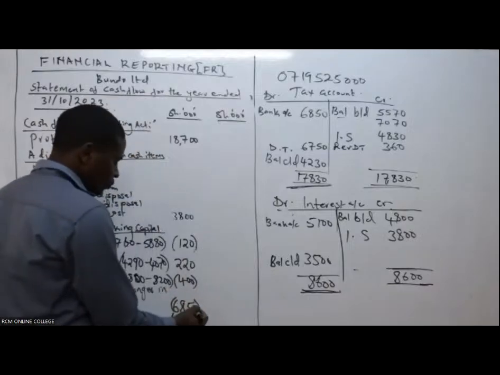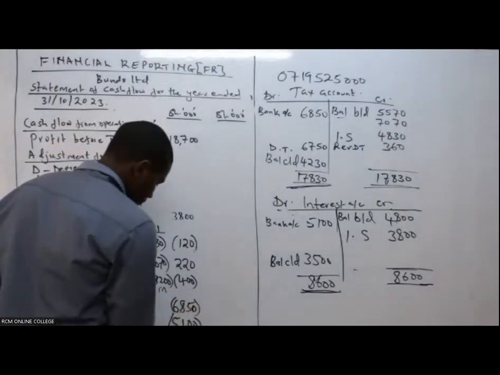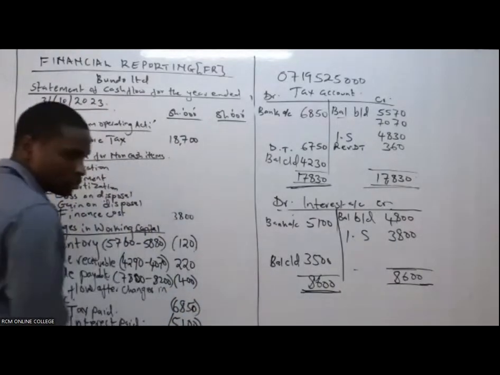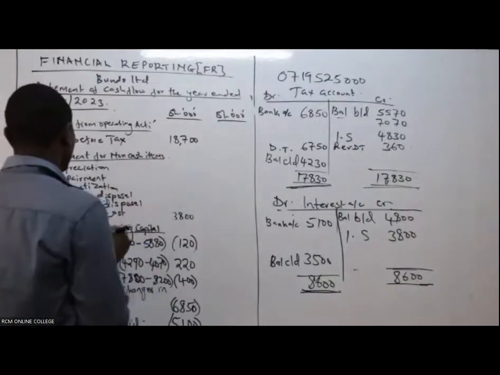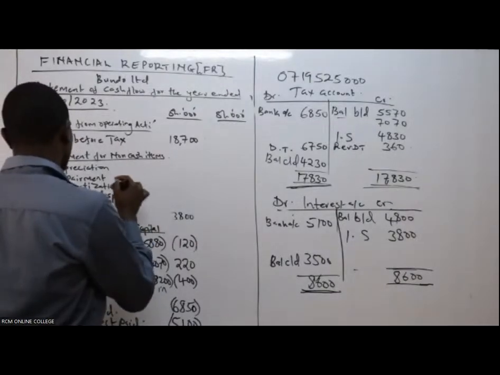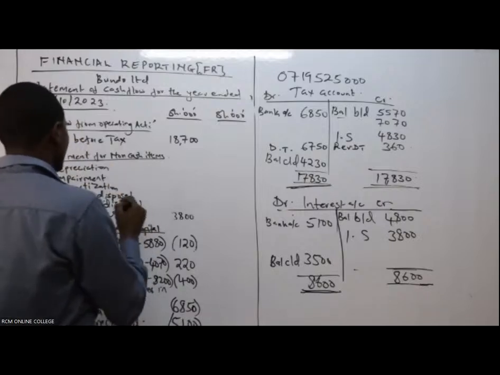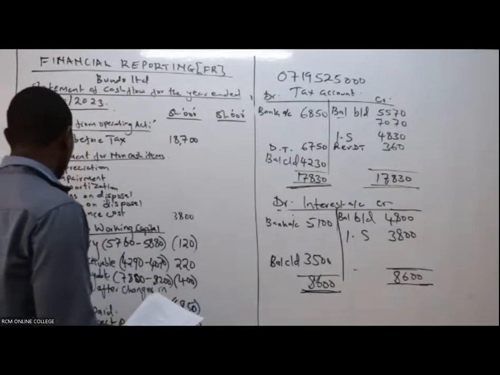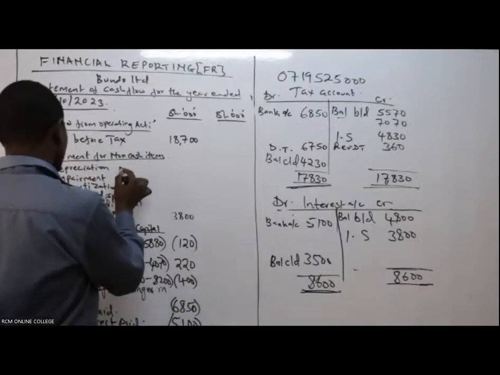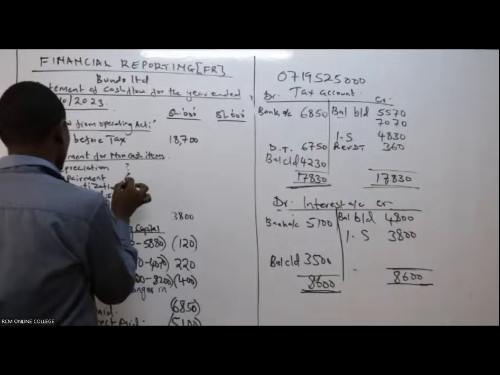Now class, I want to give you some task. Please go. In our question we have PPE. We don't have very many things, but we have PPE. So under PPE we can get depreciation, and then we had intangible asset.